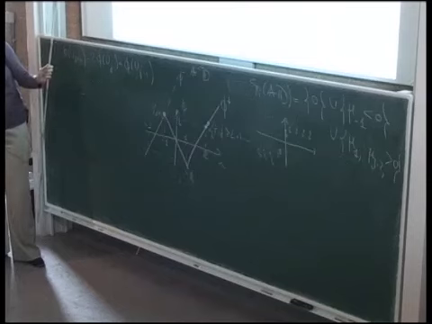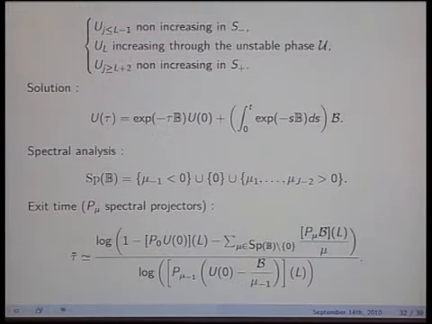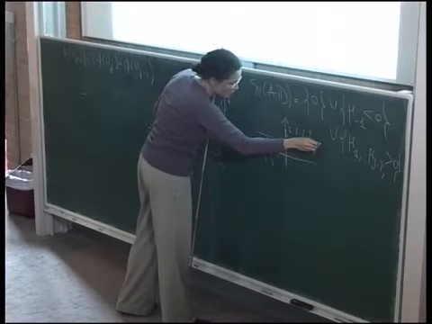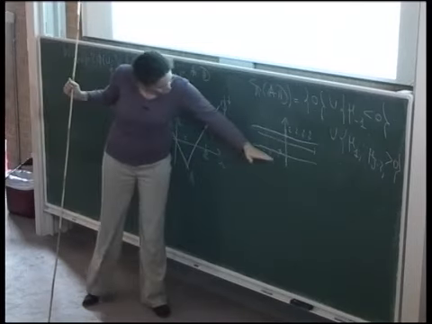So actually you can try and have an approximate exit time for this point, which will cross the unstable phase. So let's say the unstable phase is within these two values.